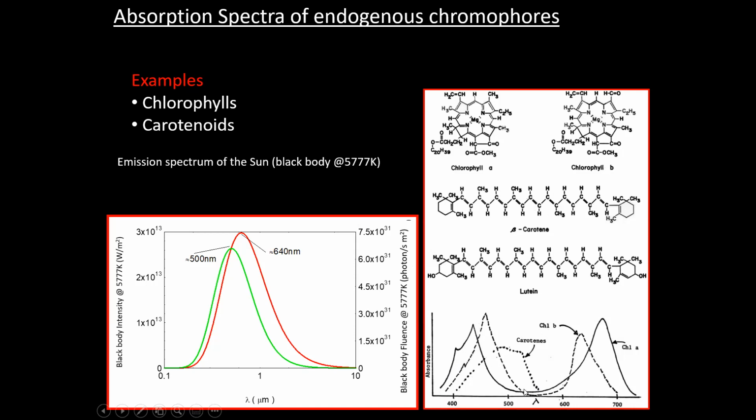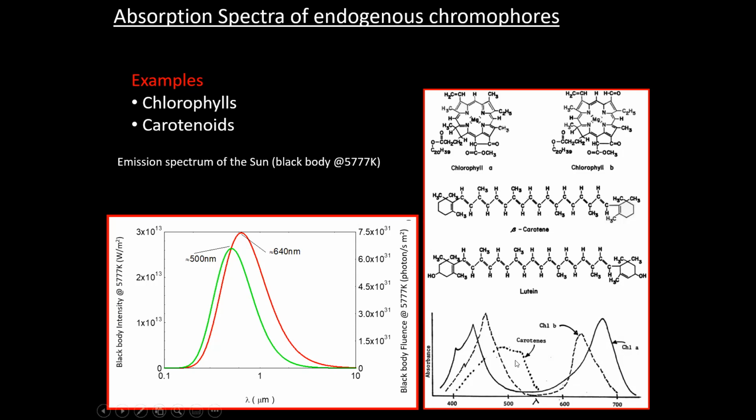Then there is a minimum, there is no absorption in between 500 and 600 nanometers. And then there is a strong absorption peak at 680 nanometers, and then it goes down. So there are two main absorption bands. And as I said before, you do not see any particular structure. These are bands that are due to the superposition of many transition levels, okay?